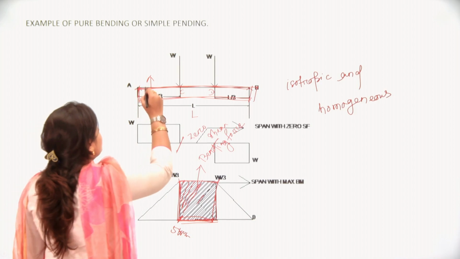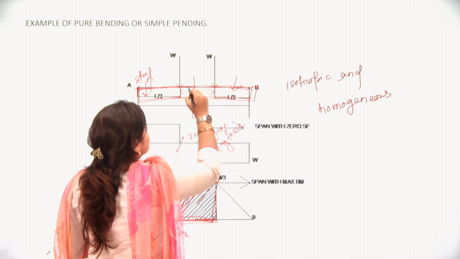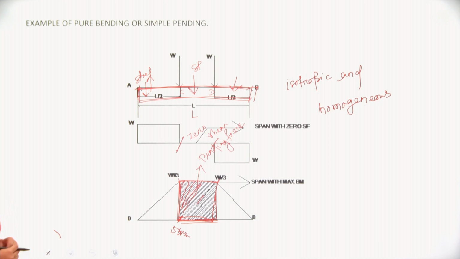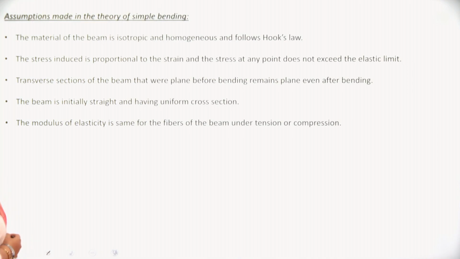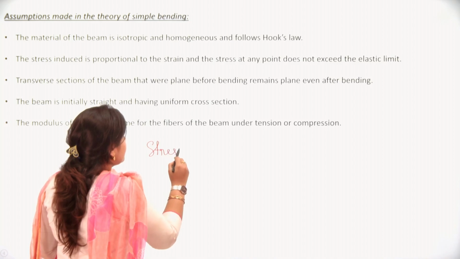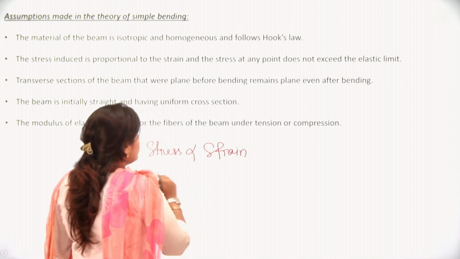If it is steel, then it is steel in every direction and at each point. And it follows Hooke's law. What is Hooke's law? Stress is directly proportional to strain.